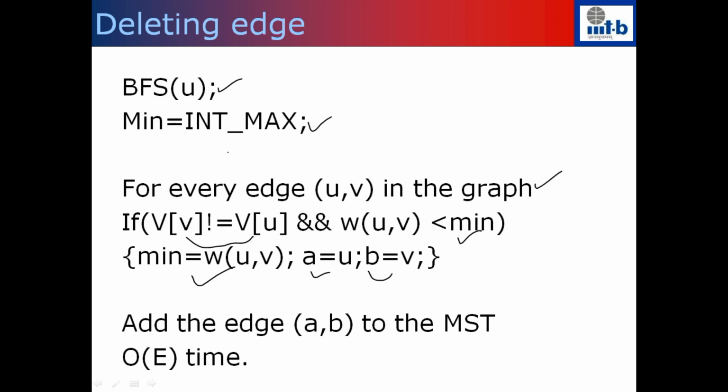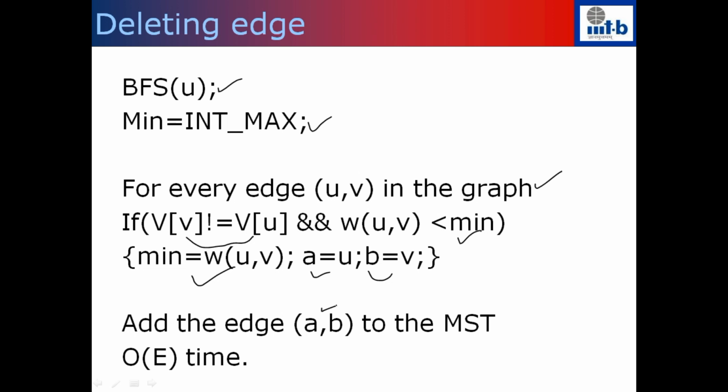That edge is A comma B. So just add the edge A comma B to the MST, and since it goes across two connected components, what you get is one connected component, which is the new MST.